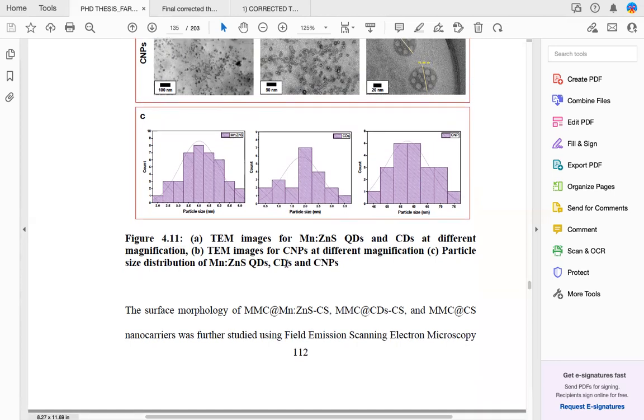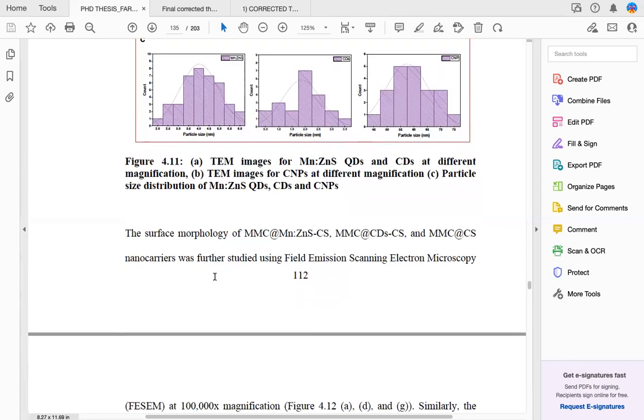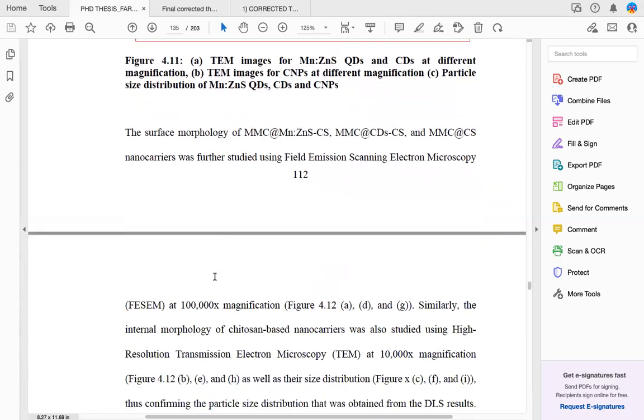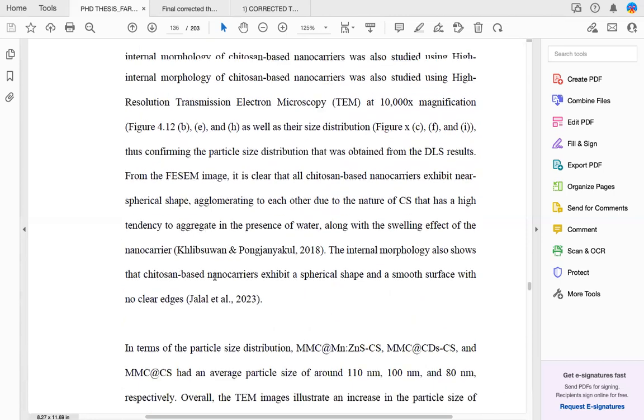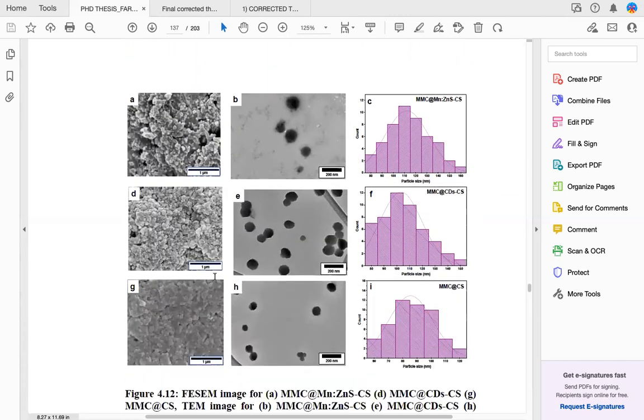Another one is FESEM. FESEM is another characterization for morphology, but this one is on the surface: roughness and porosity. Let's look at the results, figure 4.12. You can see the difference.